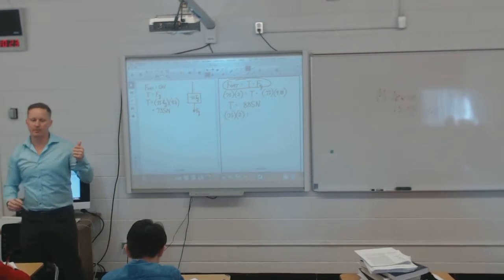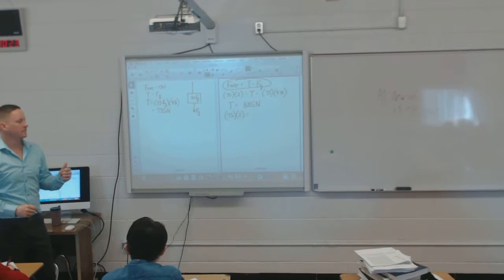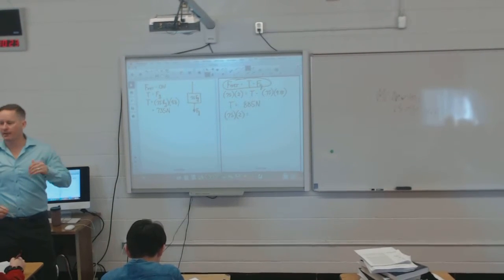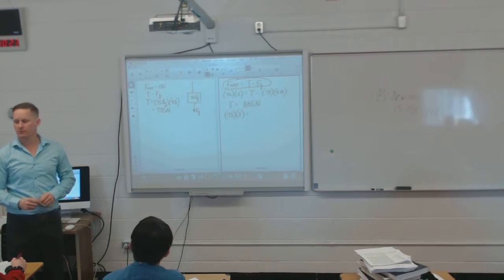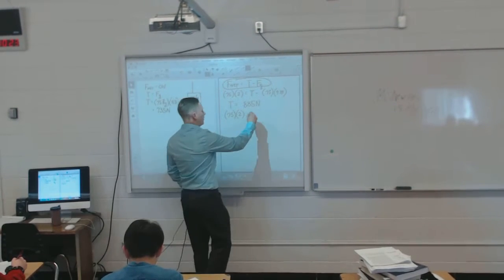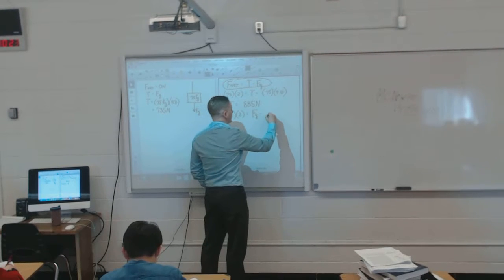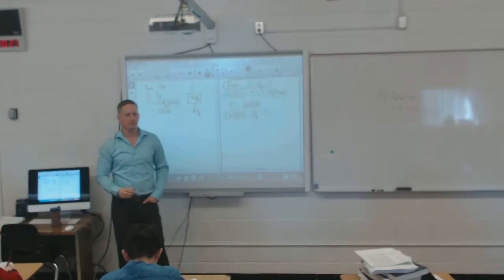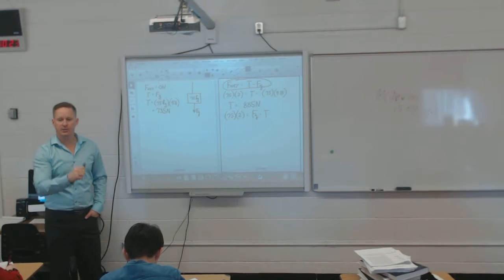This will make your life a lot easier. So again, it's moving down at 75 times 2. So now the book would probably make that a negative. I'm not going to. Now what's greater, the force of gravity or the tension if it's moving down? Force of gravity. So I'm going to go force of gravity minus my tension now. Force of gravity is the direction in which it's moving.